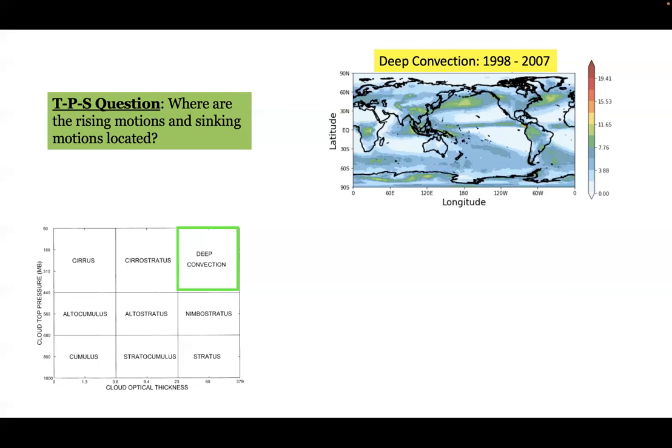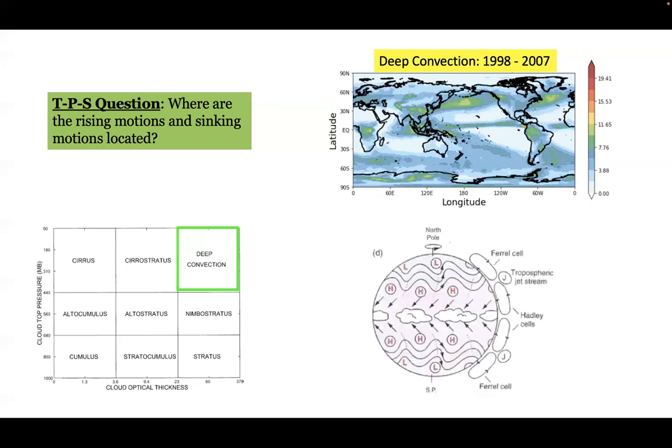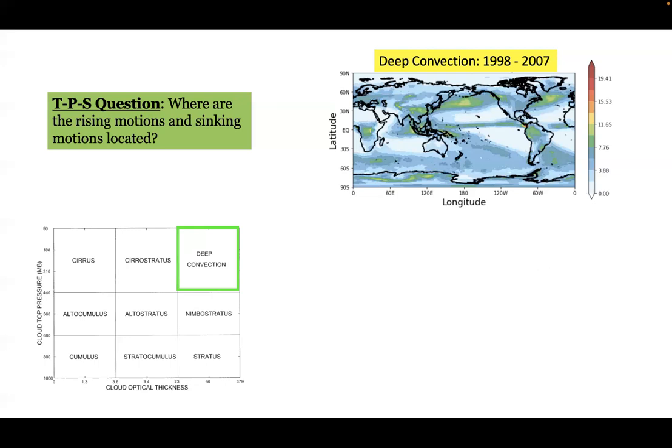I guess the ones in Africa and the Amazon, you can combine them as this tropical rising motion along the equator. It's not as sharp as this line, but they're still centered near the equator. Air rises. Taking Africa as an example, if air rises here, it sinks on both sides.